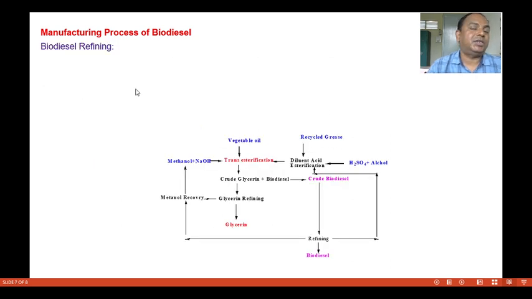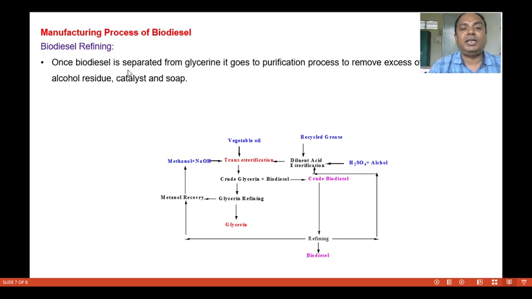Now next is the biodiesel refining. Once biodiesel is separated from glycerol, depending upon what we say phase separation, if biodiesel is not soluble in glycerol, they can be separated on the basis of phases.